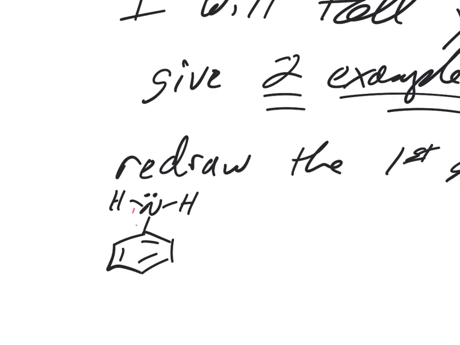So 1, 2, 3, 4, 5, 6, 7. Loop those electrons, come down, make a pi bond, break the pi bond between 2 and 3. That lone pair goes to carbon. The pi bond electrons go to carbon 3. We draw a resonance arrow.